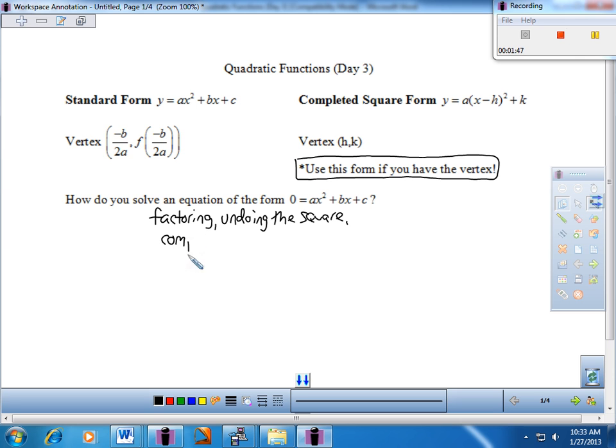A lot of completing the square. And last, of course, would be the quadratic formula. All right. So again, that's just a very quick summary of what we've done over the last couple days. Some great algebra that has been really behind these two forms.